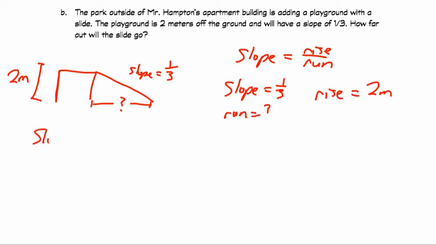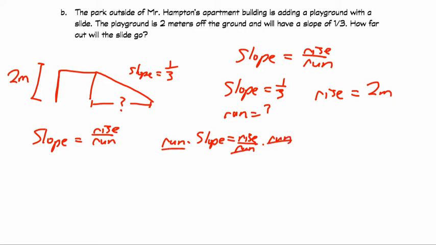Well, if we rearrange this equation, slope equals rise over run. If we multiply both sides by the run, we have our run times our slope equals our rise, and then divide both sides by slope.